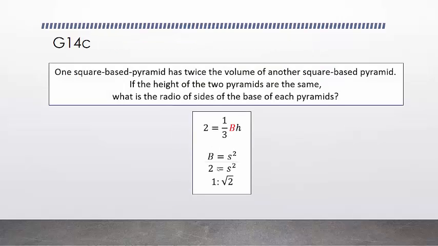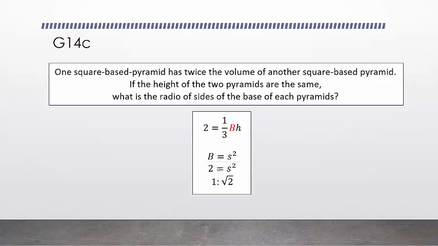Now, one square base pyramid has twice the volume of the other. If the heights of the two pyramids are the same, what is the ratio of the size of the base of each pyramid? This is a little tricky, because we use 1/3 times the base times the height, and we want it to result in 2.